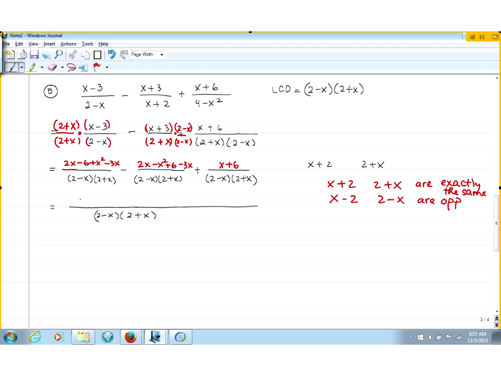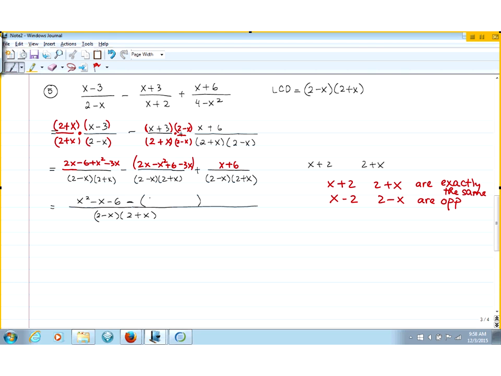So on the first term, what do I have here? X squared minus x minus x. Minus, how about the second term? I have to put parentheses, right?